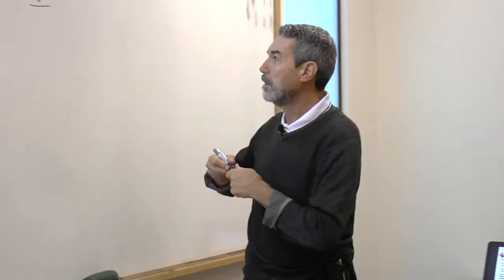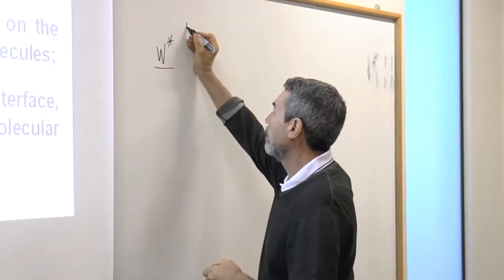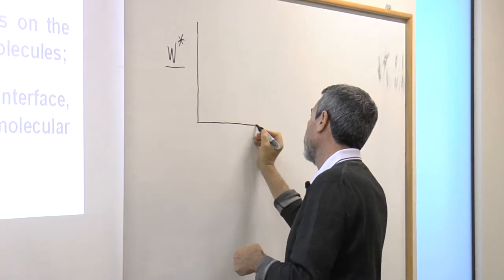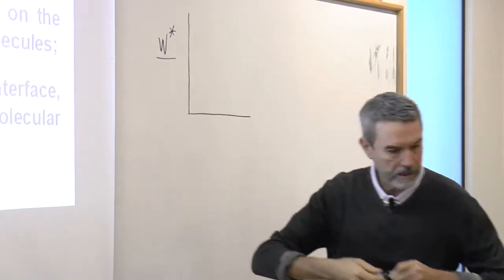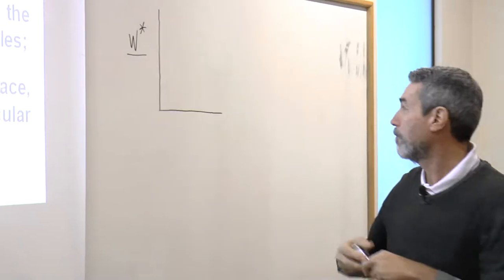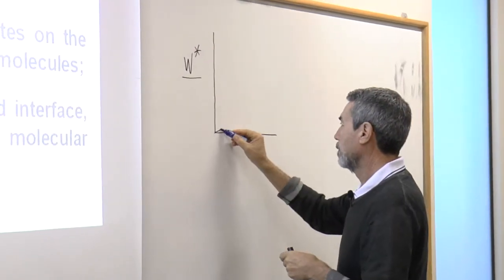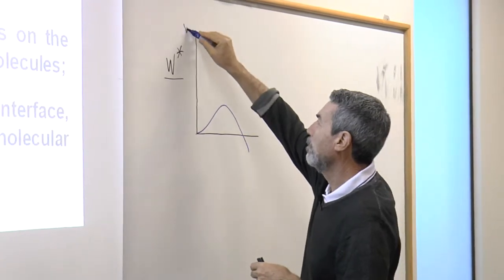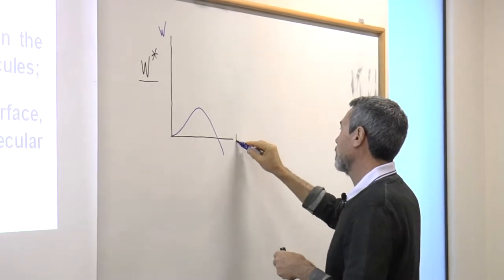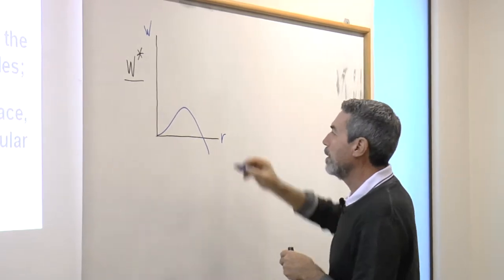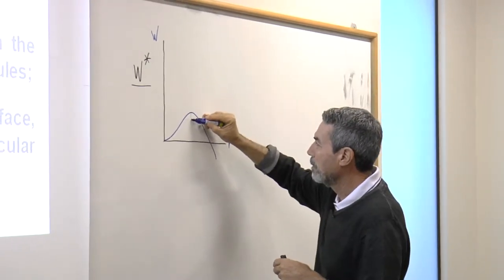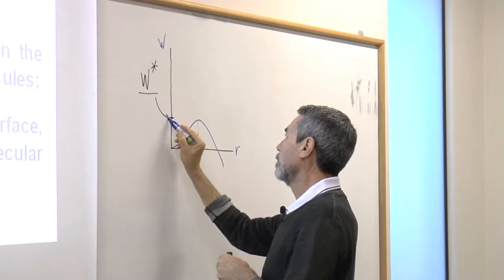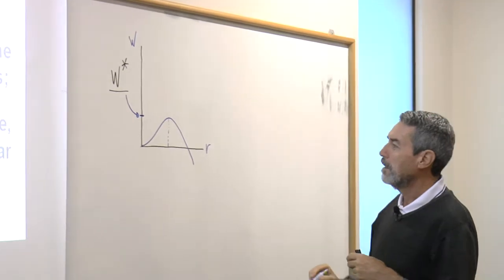If you recall, the main plot for nucleation is something like this. So this is W as a function of the size of the fluctuation. So here we have W star.